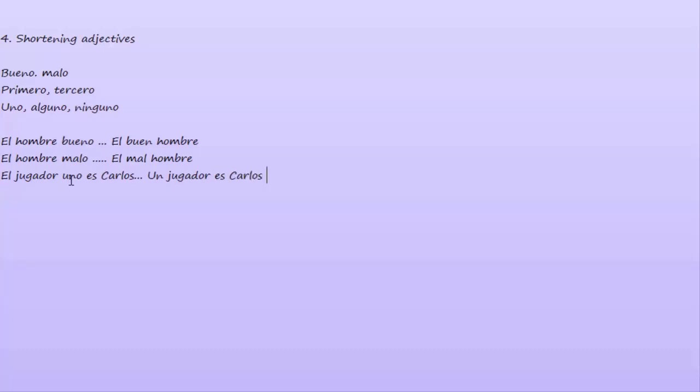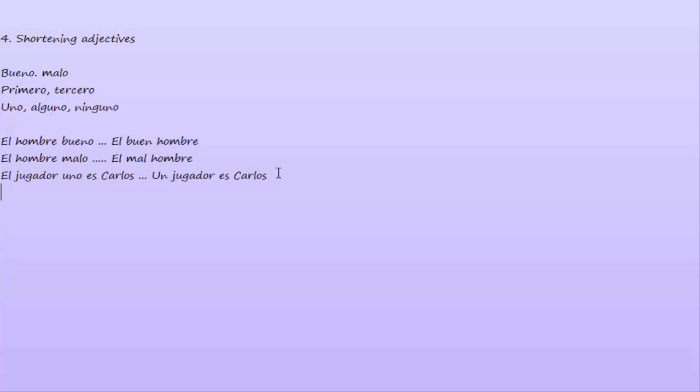Even the meaning of the sentence changes a little bit. When we have el jugador 1 es Carlos, we mean the player number 1 is Carlos. When we say un jugador es Carlos, a player is Carlos. So in some cases, even the meaning of the sentence will change if you put the adjective in front of, or after, or before the noun it is modifying.